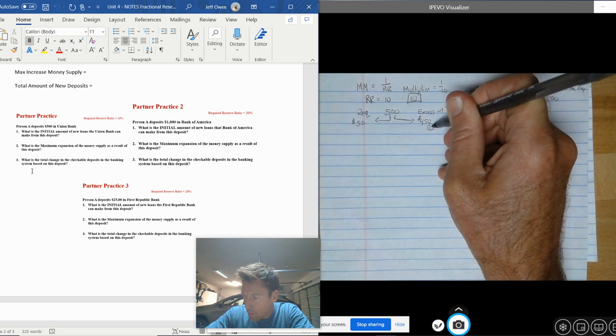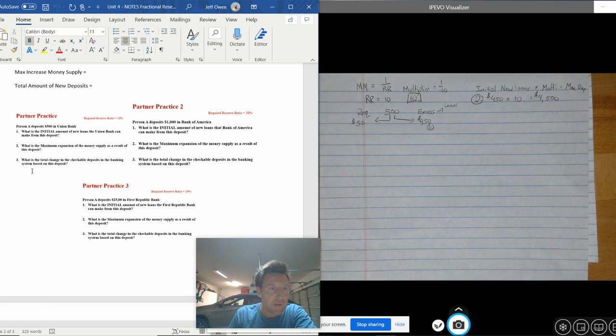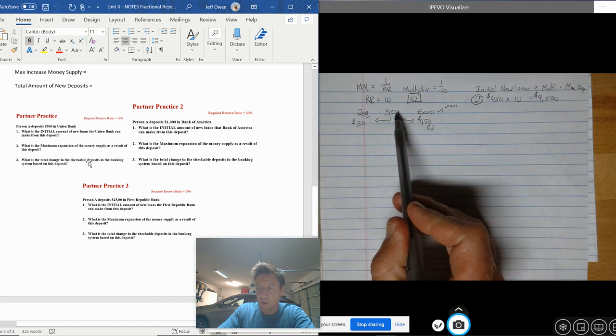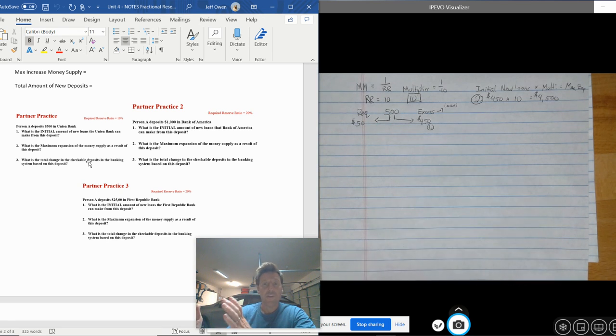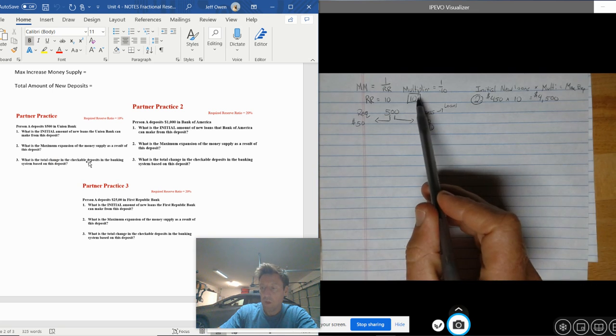So that's number 2. This was number 1. Let's find out what number 3 says. What is the total change in the checkable deposits in the banking system as a result of this deposit? Okay, maximum change in the checkable deposits. Originally, $500 went into person A's checkable deposit. So the checkable deposits of that bank increased by 500 bucks initially. And over time, we apply the multiplier to it.